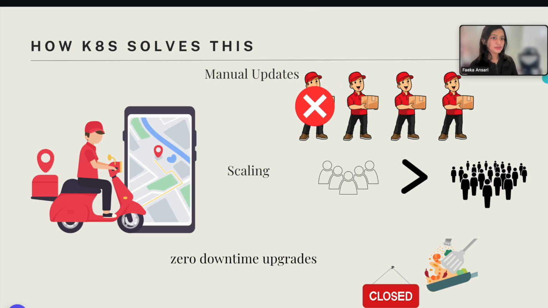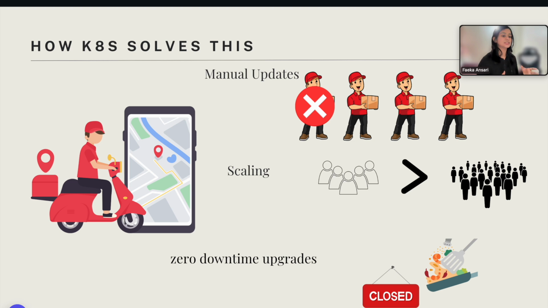Now let's talk about how Kubernetes actually solves this with a real life analogy. Imagine you are running a food delivery service like Zomato or Swiggy. If one person in the delivery team falls sick, you have to call someone and replace them manually, right?